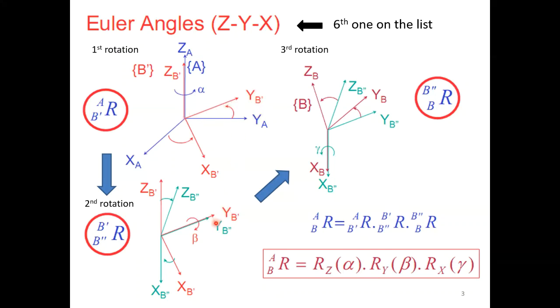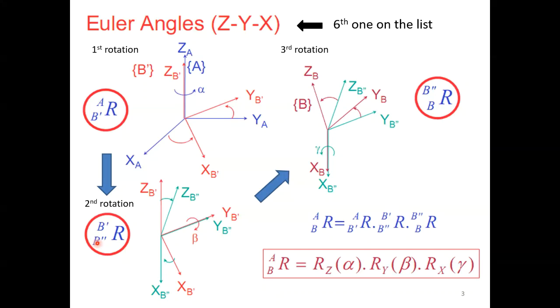Now you rotate around that axis by an angle beta, and the new coordinate frame, the green one, is called B double dash. B dash goes to B double dash. So the rotation matrix between these two frames is B dash to B double dash R.